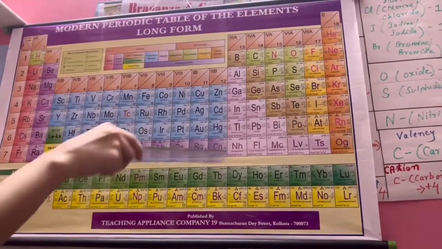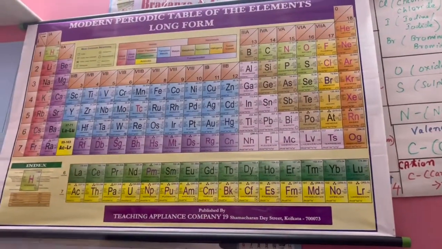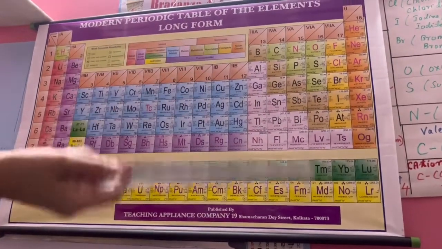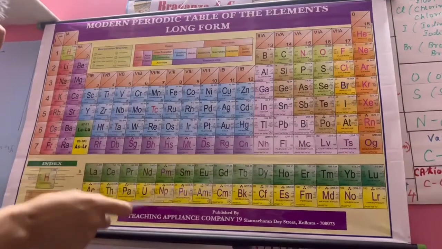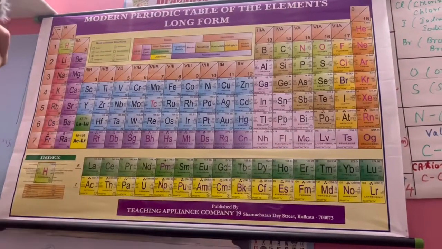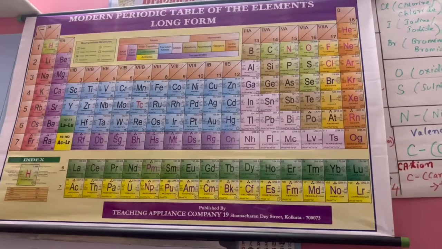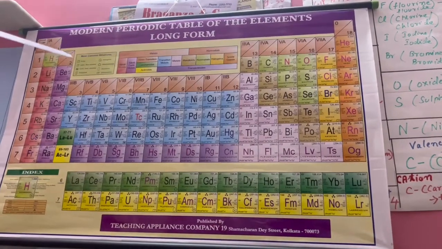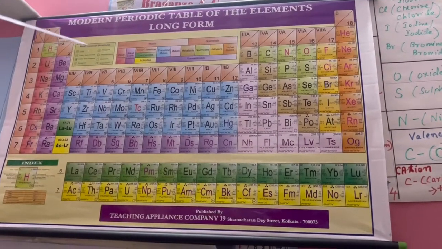They have 3 electrons in the outermost shell, which means they are ready to lose electrons, and hence they are metals. Now coming to group 14. In group 14, you have a mixture, rather, because they have 4 electrons in the outermost shell.